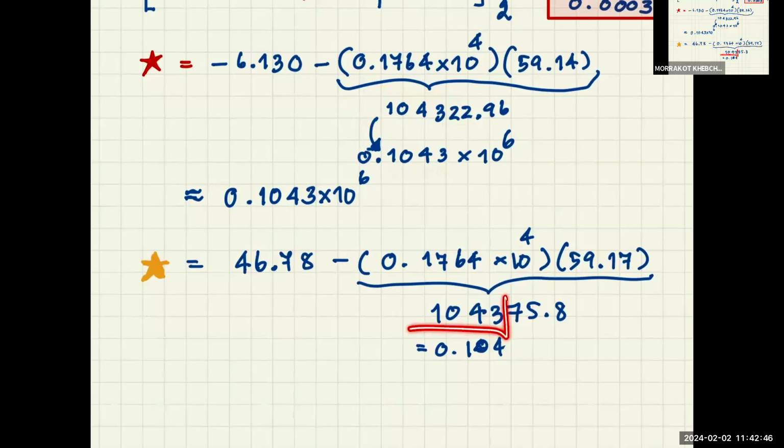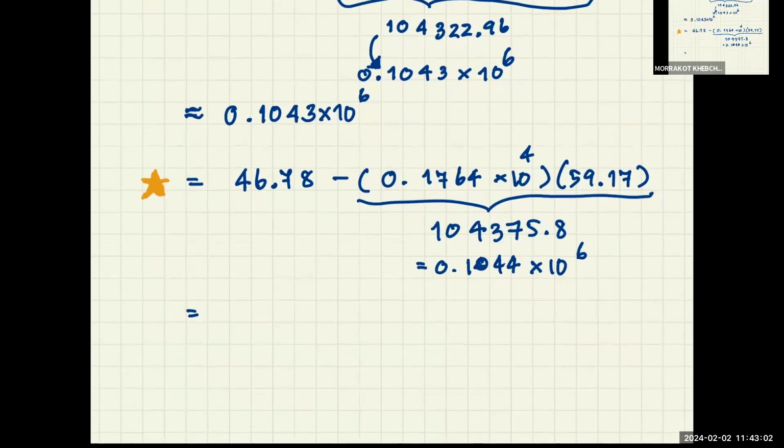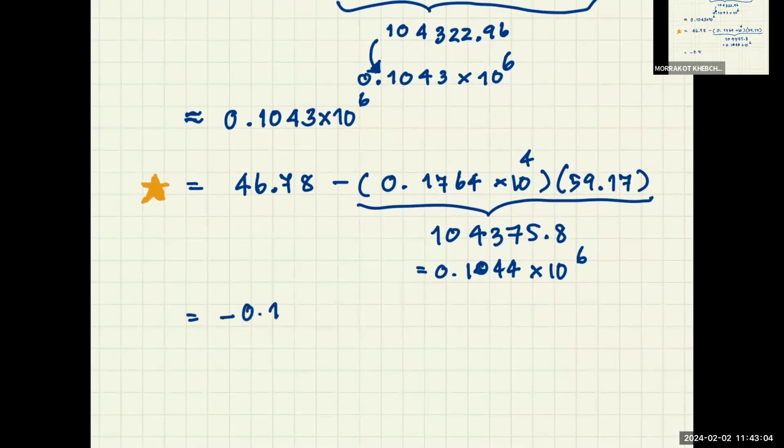And here, if I want to use only 3 digits, the number after 3 is 7, so I round it up to 4. Okay. About minus 0.1044 times 10 to the 6.